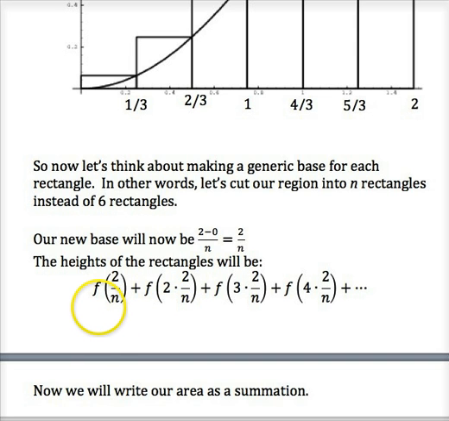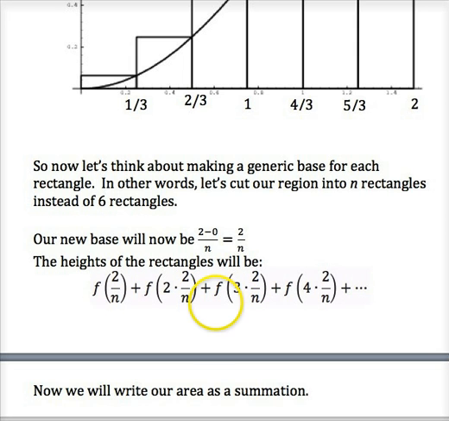So here's what the heights of our rectangle are going to be. Instead of f of 1 times 1/3, and then 2 times 1/3, and then 3 times 1/3, it's going to be 1 times 2 over n, and then 2 times 2 over n. And then we're going to go over 3 units that are 2 over n long.